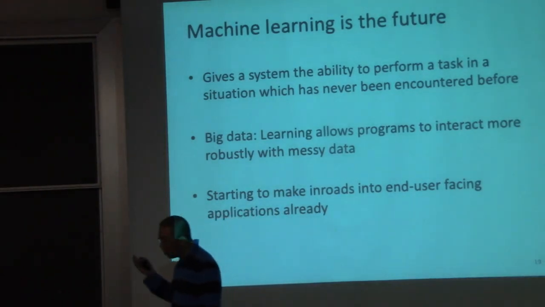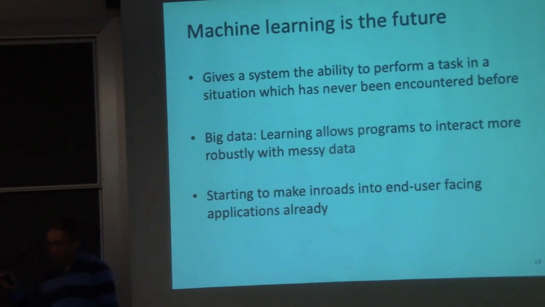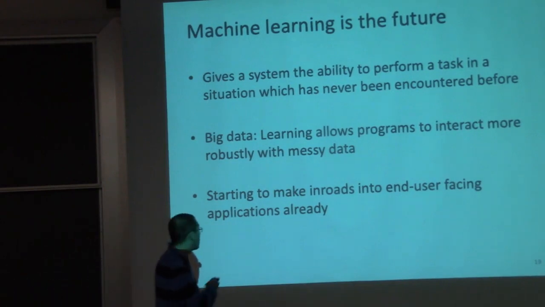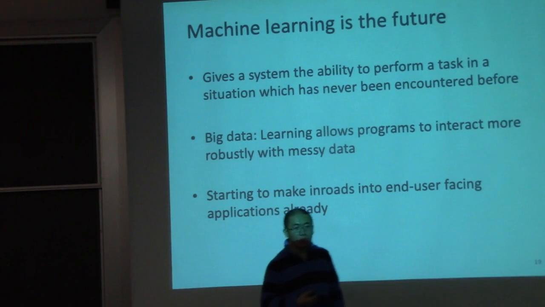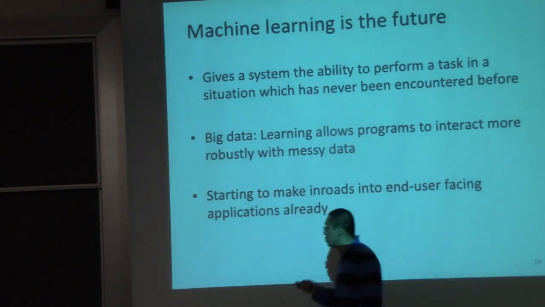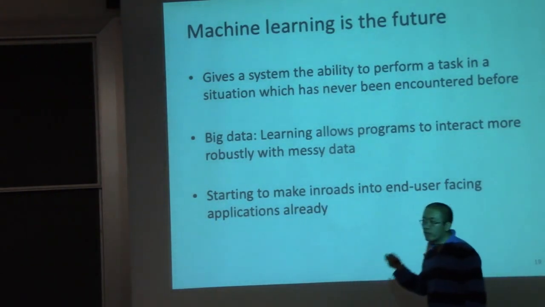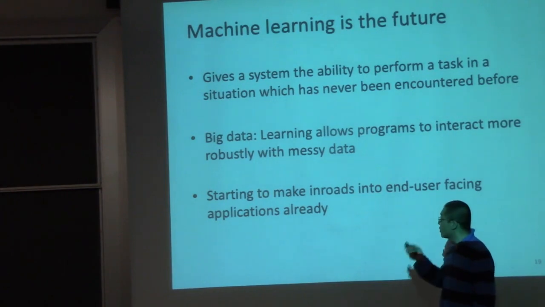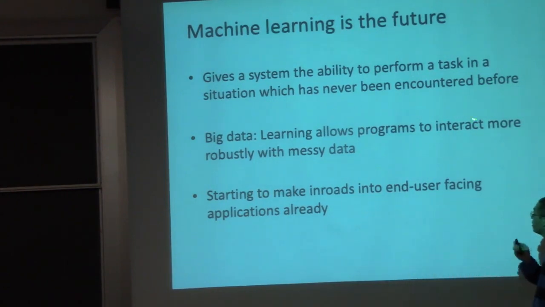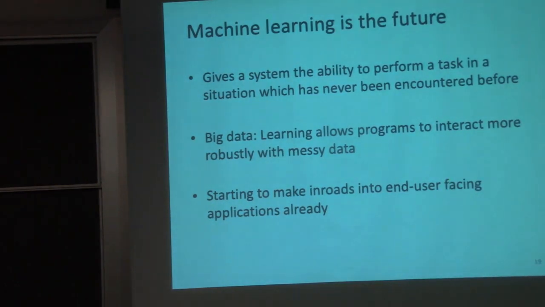In all kinds of jobs, works, and areas, we have accumulated a huge amount of data. Human beings are not able to process so much data. And machine learning can allow programs to interact more robustly and more responsively with massive data which are generated every second. Also, machine learning has started to make inroads into end-user facing applications already.